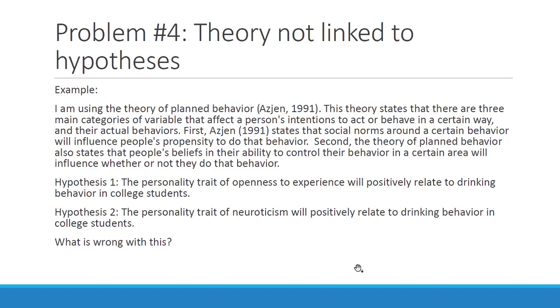So openness to experience and neuroticism are my 2 predictor variables, but they are not represented in the theory of planned behavior. Remember that the theory of planned behavior talks about social norms and beliefs in people's ability to control their behavior. That has nothing to do with openness to experience or neuroticism. So in this case, if you had written something like this, you would lose points.